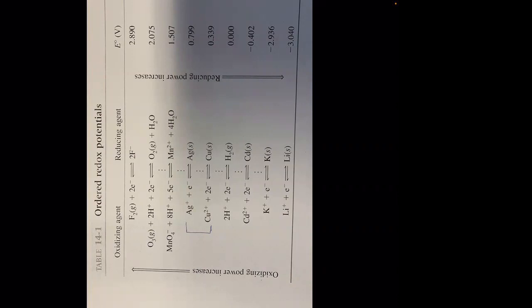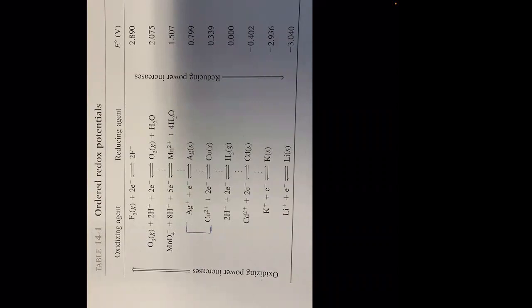But what if I couple that with another half reaction further down, like the hydrogen half reaction? Then I have to decide, if I want a galvanic cell, I want a spontaneous process. This table tells me which half reaction is the reduction half reaction and which is the oxidation half reaction.